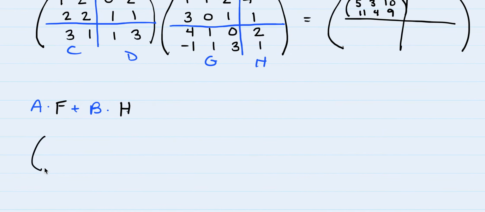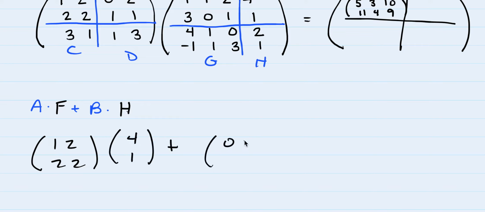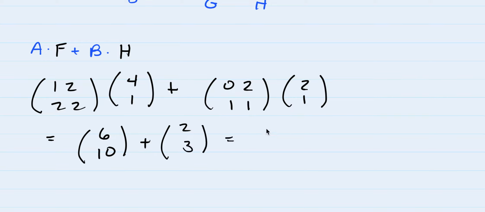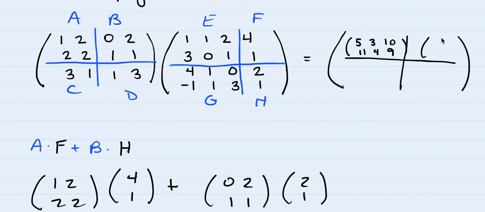So we have 1, 2, 2, 2 times 4, 1 plus 0, 2, 1, 1 times 2, 1. We'll get 4 plus 2, that's 6. 10 plus 2, 3. So it looks like we'll get 8 and 13. And this matrix goes right here.